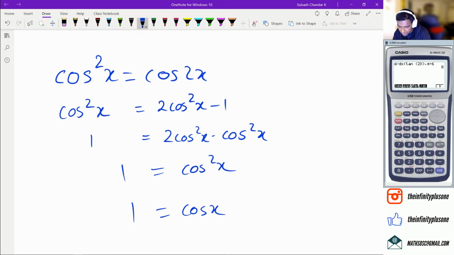I'm actually getting cos x equals 1. Cos x equals plus or minus 1, sorry. Which means x is equal to 0, pi, and 2 pi. Where did I miss it?